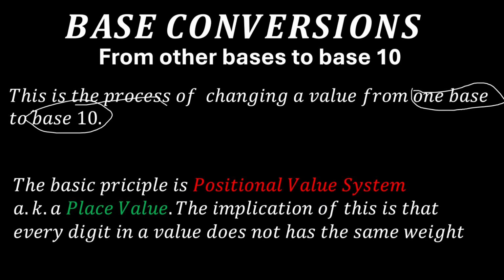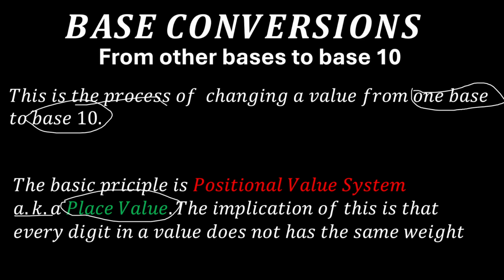A system can be defined as an entity that is made up of more than one part, or a specific way of doing things. This is also known as place value. That is, put this particular value in a particular location.